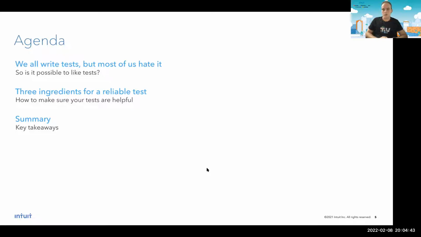Today's workshop will consist of 3 parts. The first part is the introduction, the problem statement. Then we will go to the main part, and then we will summarize everything we have learned today. The main part itself is separated into 3 different ingredients of how to write tests in a reliable way. This will be interactive, with some Zoom polls.